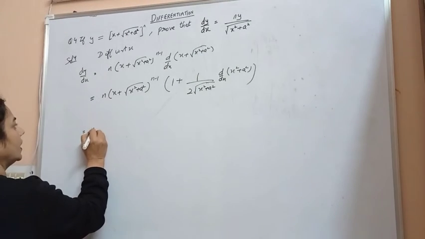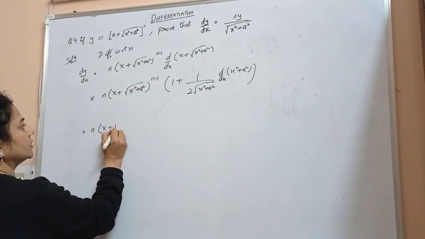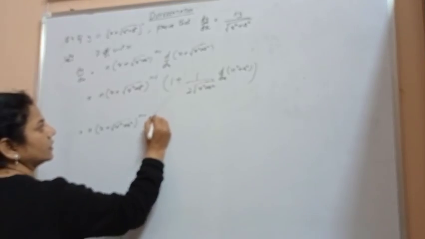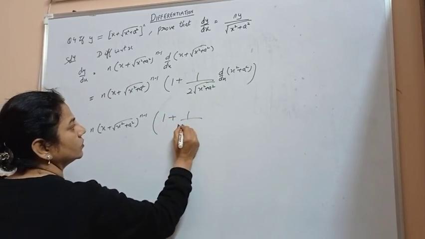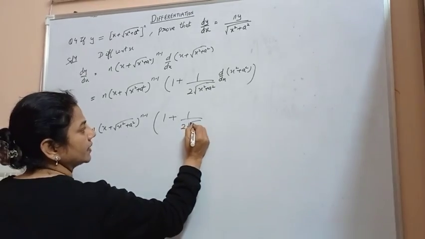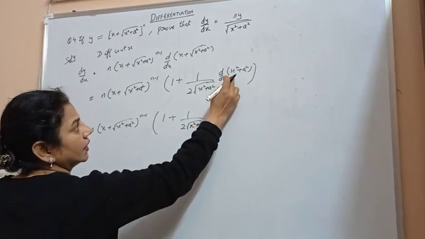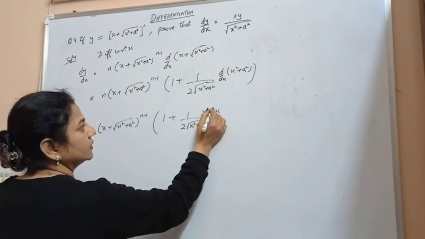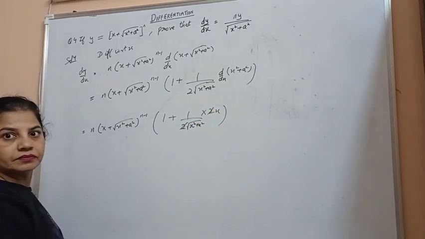We have n times x plus under root x square plus a square to the power n minus 1, 1 plus 1 upon 2 under root x square plus a square, and derivative of x square plus a square is 2x. This 2 and this 2 cancel out.